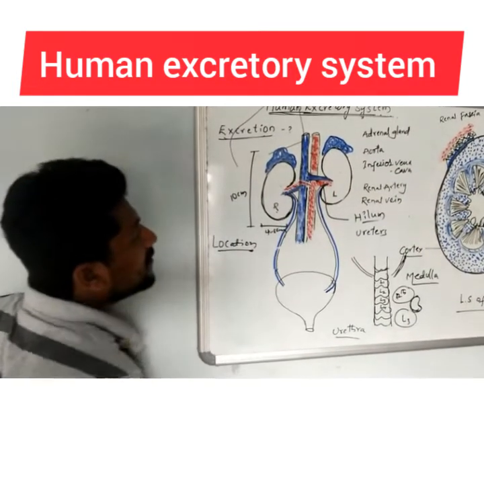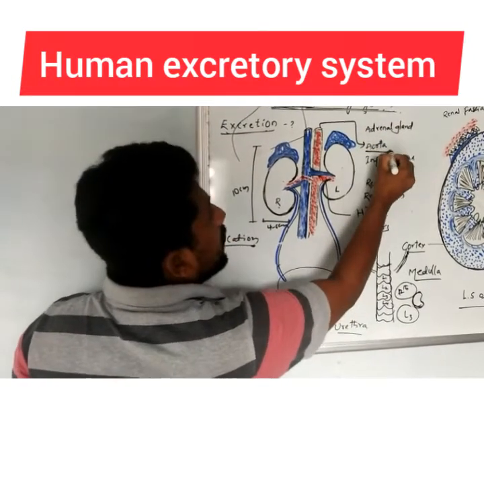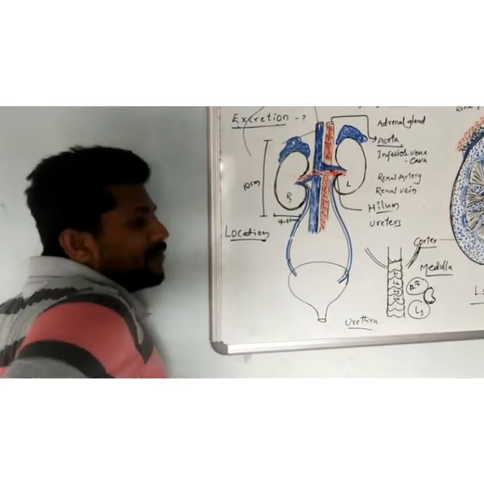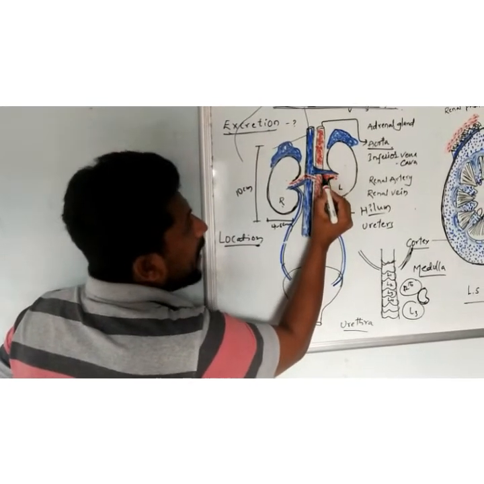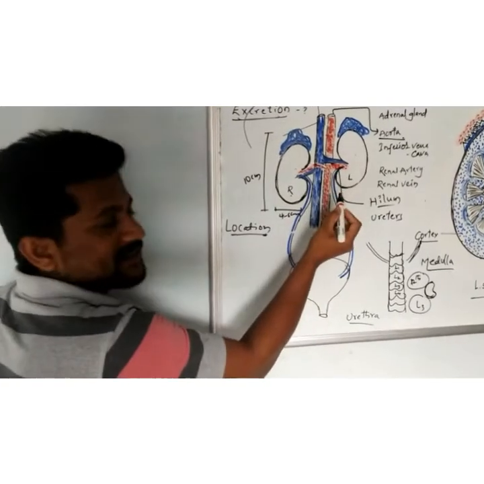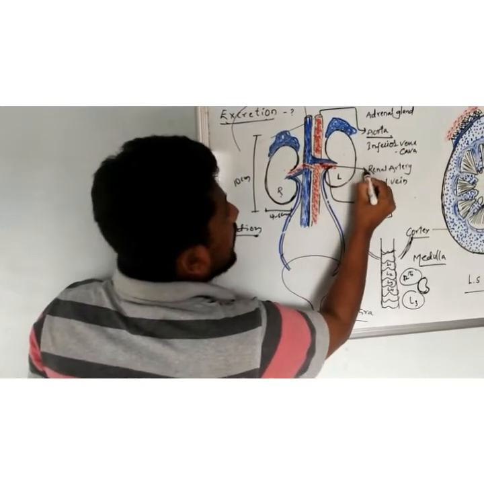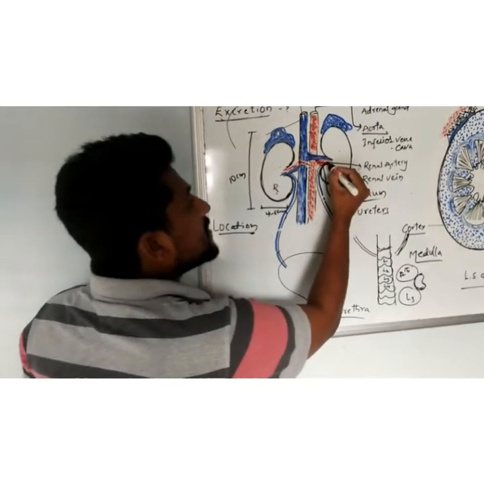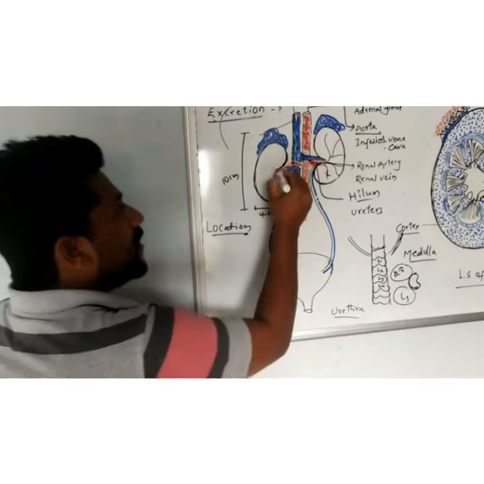Here, this is the aorta, which supplies blood to all the body parts. One branch of the aorta splits into two branches like this. These two branches are known as the renal arteries. With the help of these two renal arteries, oxygenated blood is supplied to each kidney.